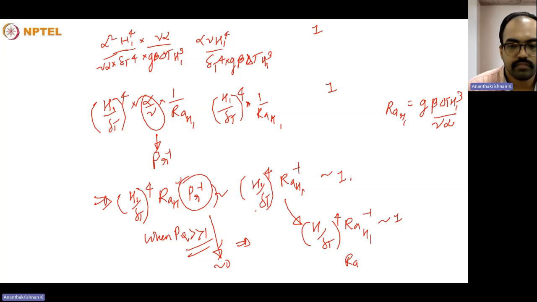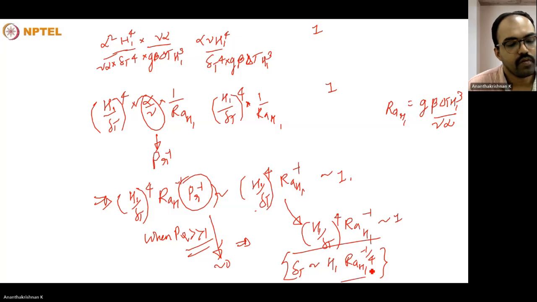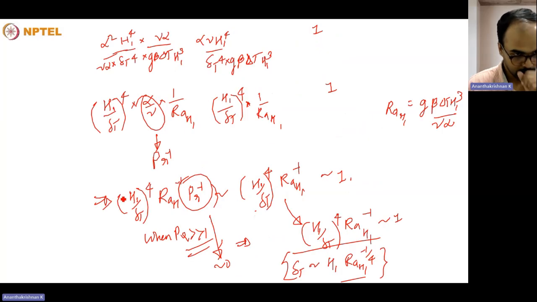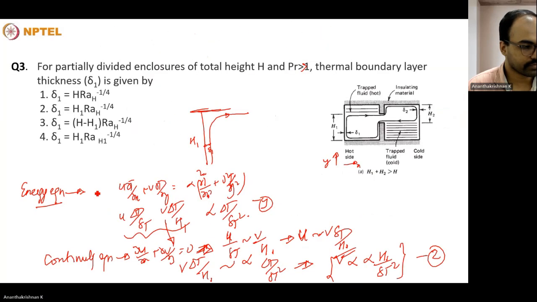So that means that, taking delta T on the other side, delta T is of the order of H1 Ra H1 raised to -1/4. So that solves the problem. So we got the order of delta T, that is of the order of H1 Ra H1 raised to -1/4. So that is option number 4.